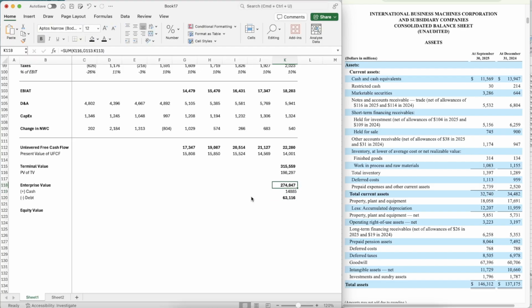Yes, I do. Now the equity value is, you just take your enterprise value, you add back in the cash, you subtract the debt, and this is the value of the company for the shareholders. We want to know what the diluted shares outstanding are. And from that, we can get our implied share price.